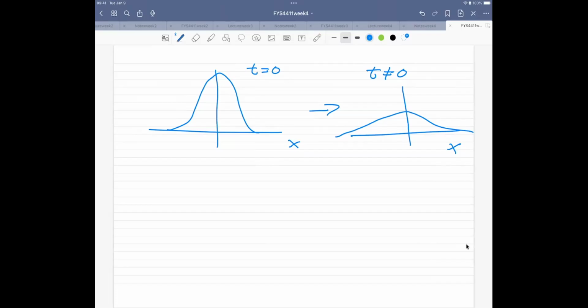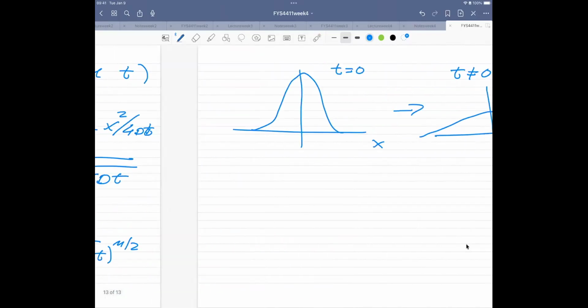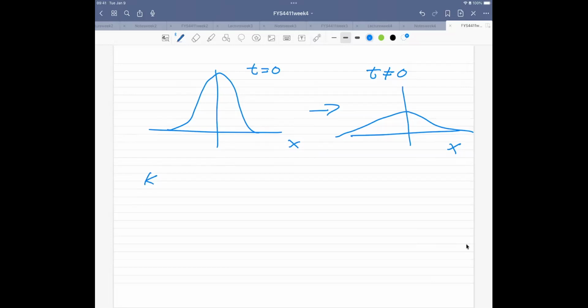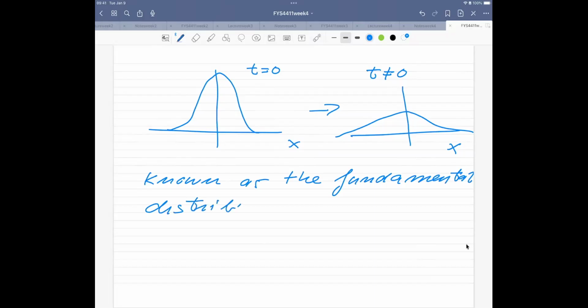This solution which we found on the previous page is known as the fundamental distribution of the diffusion equation.